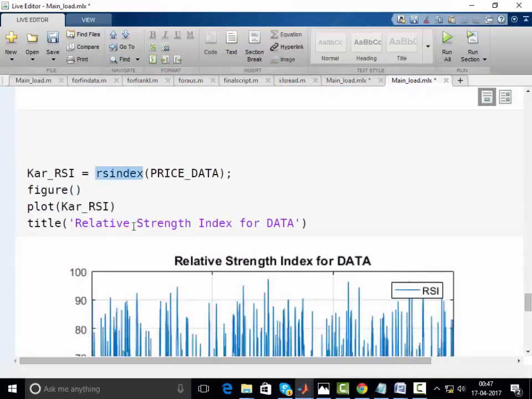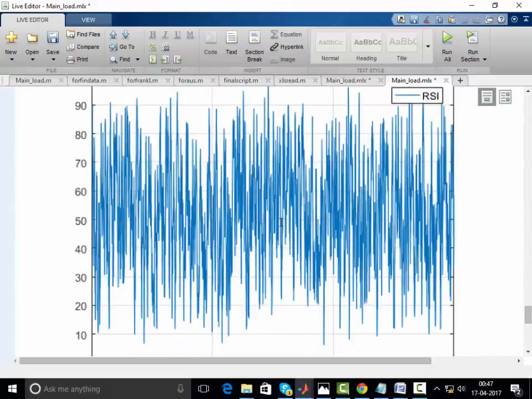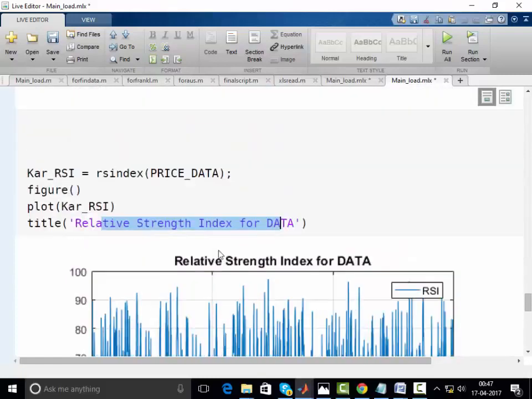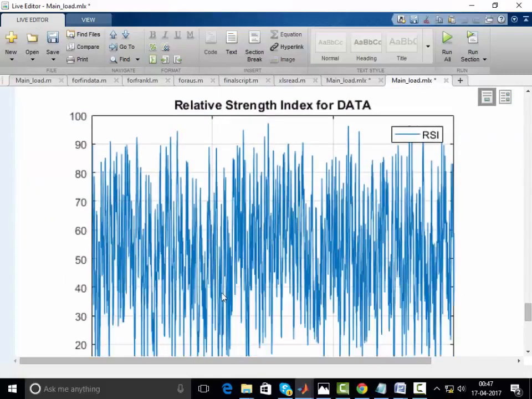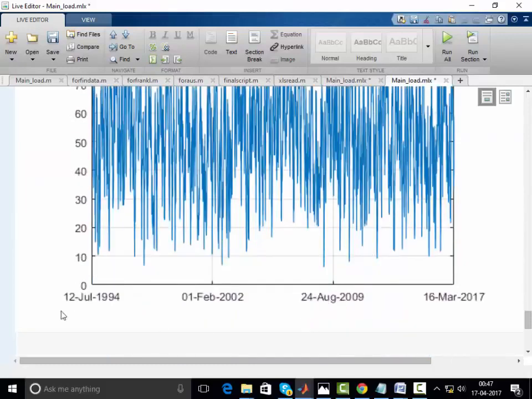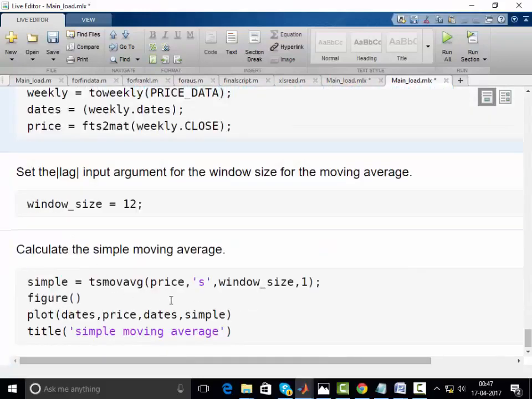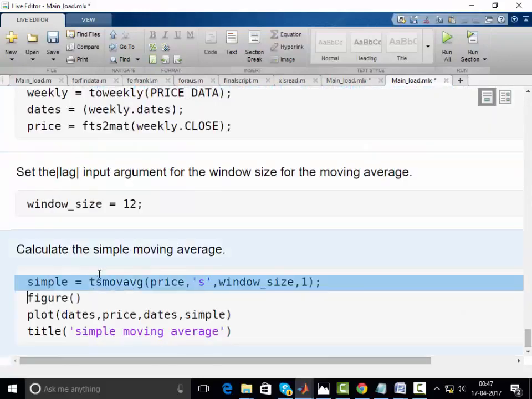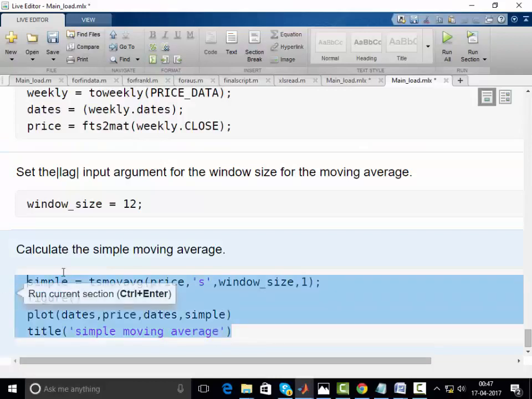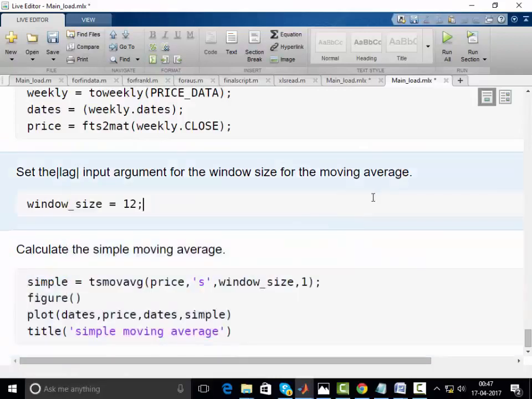There's also a relative strength index available in MATLAB, with which you will be able to analyze the pricing of data of the stock market, and when to sell out and hold the stocks. And this is all for today, and I'm going to show you the last section of the curve.